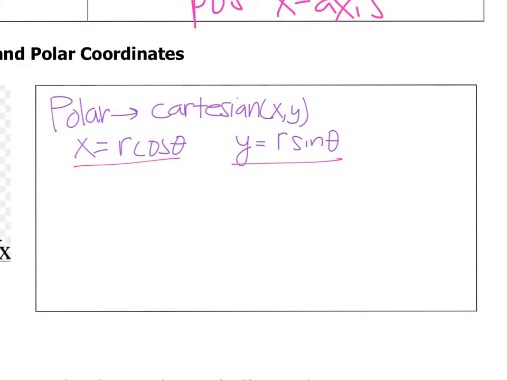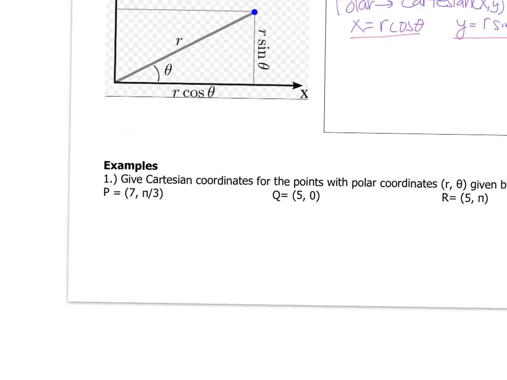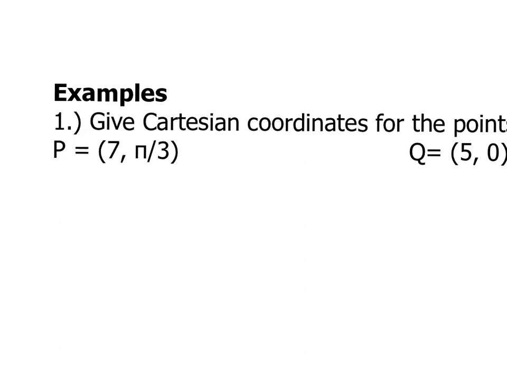So let's go ahead and take a couple minutes to look at a couple of examples, finding the Cartesian coordinates from the given polar coordinates. So again, given is r theta. To find our value of x, we take 7 times the cosine of pi over 3. Anytime that you have an angle that is a unit circle angle, you are definitely going to give the exact value.